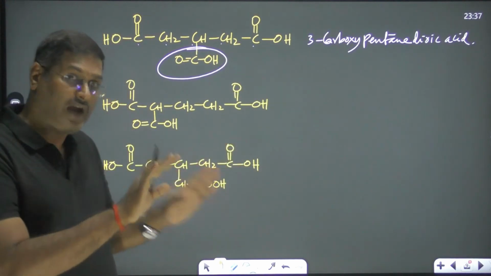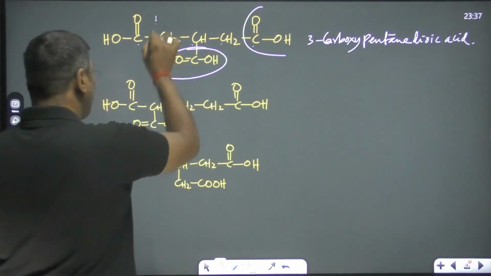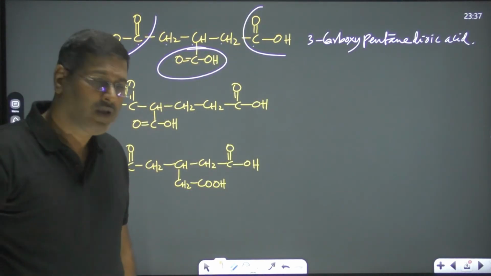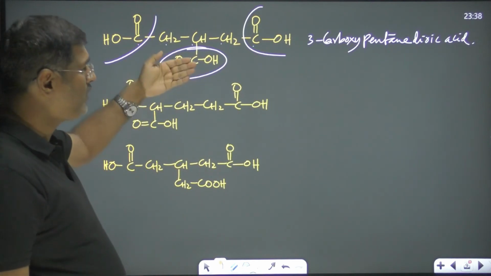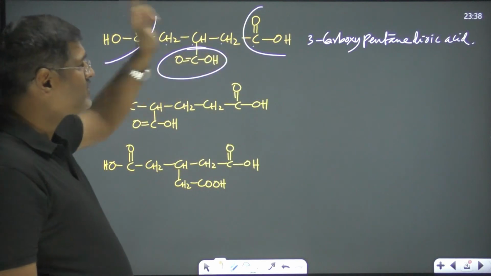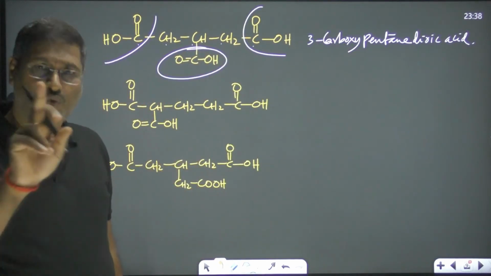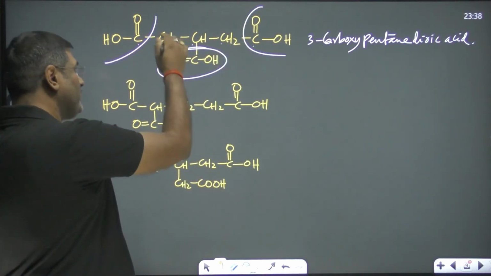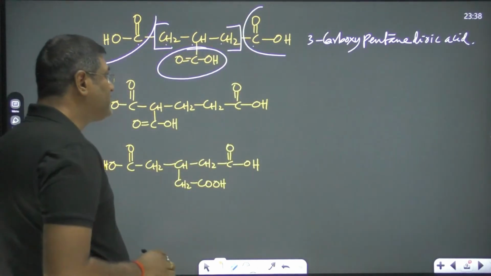We don't include the carbon atom of any functional group. Don't include this one. As you are not including the third one, fourth one, fifth one, which are directly connected to this one, then you don't include the first and second also. Justice done. New rule, right? And as per this new rule, here the parent chain is left with only 3 carbon atoms. 1, 2, 3.